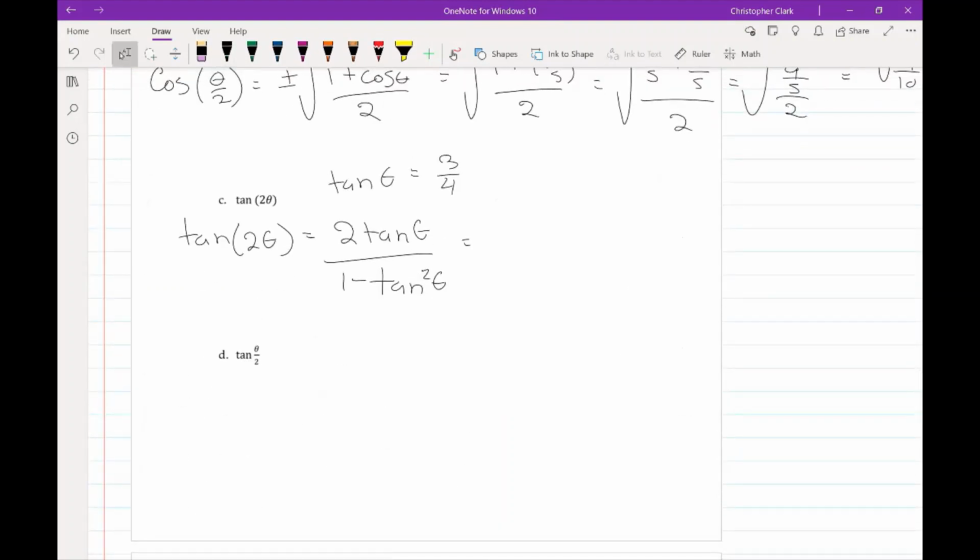All right, so now we can just start plugging stuff in. 2 times 3/4, over 1 minus (3/4) squared. The top becomes, let's see, this would be 6 over 4, well, this is just 3/2. And then this is 1 minus 9/16.